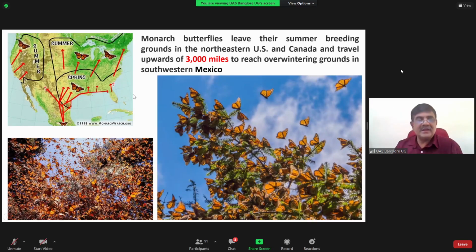Here you can see the number of butterflies that travel. Wherever they get vegetation, they sit on it, have their food, and proceed further.